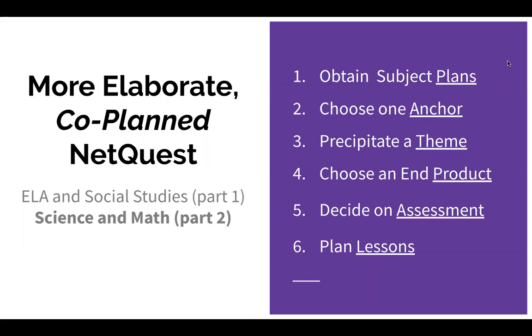But you can also add something related to PE, since it's related to health, for example, or art, because you're trying to show things visually. So all those things can be included in your planning. That art piece can go with the end product because you want students to show things. Then there's assessment and lesson planning and the platform you want to use.